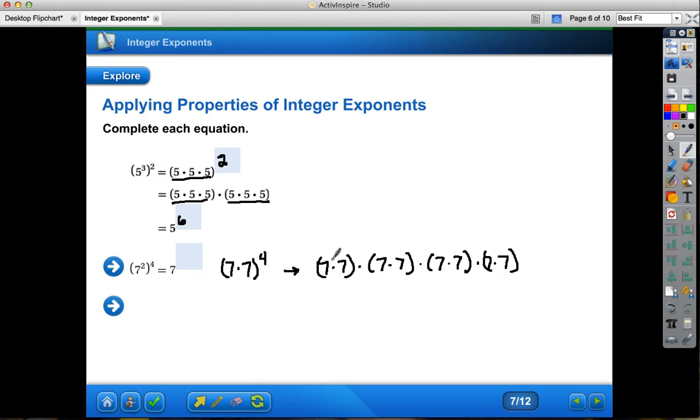Again, it's repeated multiplication, so I get 1, 2, 3, 4, 5, 6, 7, 8. I get 7 to the 8th power. Take a look, see if you can find any connection between your original exponents and your new exponent.